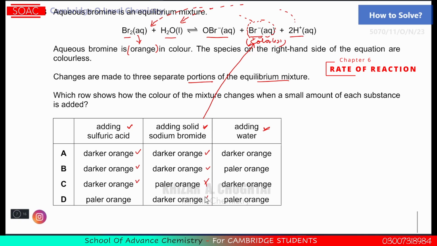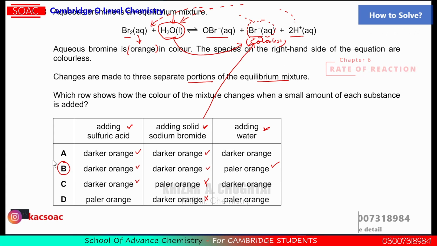So either A or B may be the correct option. Adding water, if I add water, this time I am increasing the concentration of H2O. So this time it will shift towards the right hand side, and definitely the orange color will be paler. So pale orange color, in this case B is the correct option.